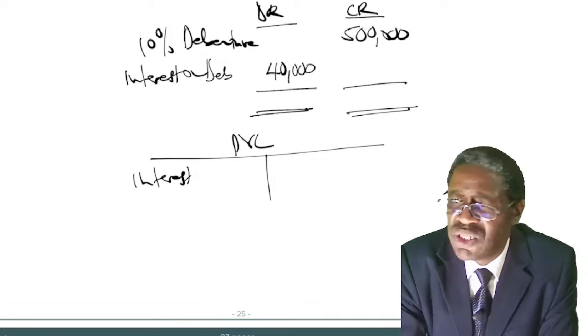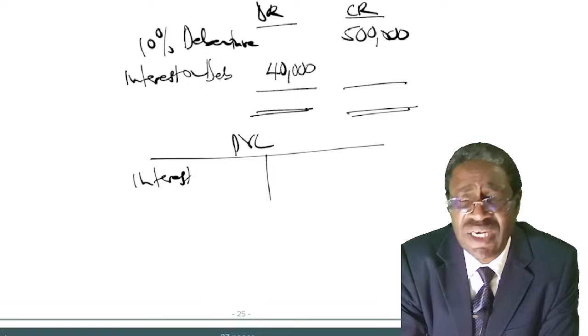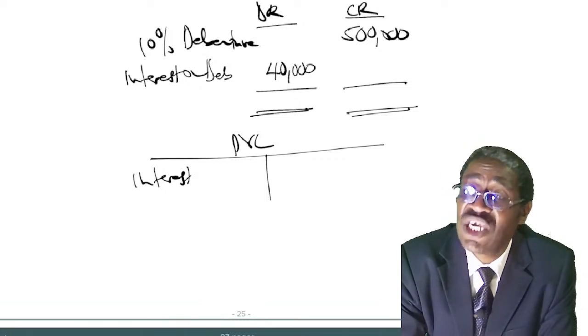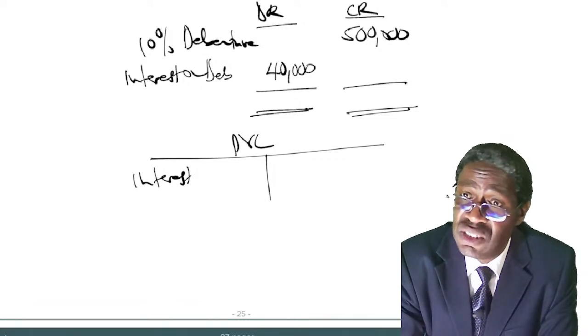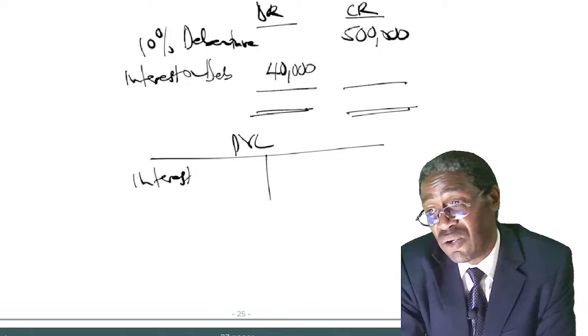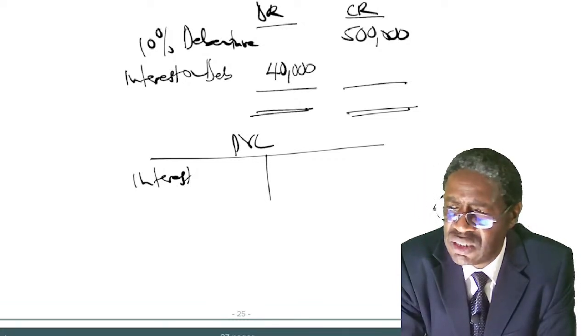It's a common thing even in published accounts to be given a trial balance with such items. So when you are required to prepare an income statement, how much were you charging as interest?